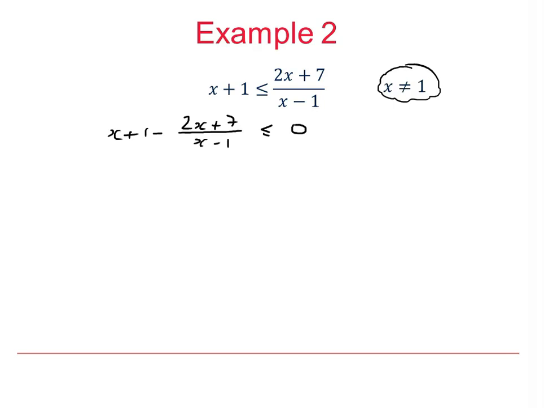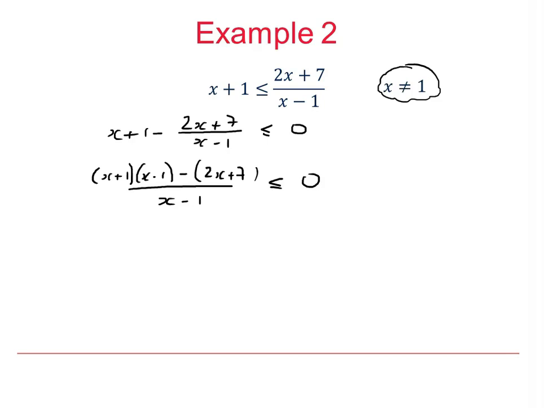We can now combine the left-hand side as a single fraction with a common denominator of x minus 1. So we'll have x plus 1 multiplied by x minus 1, and then minus 2x plus 7, and that will be less than or equal to 0.